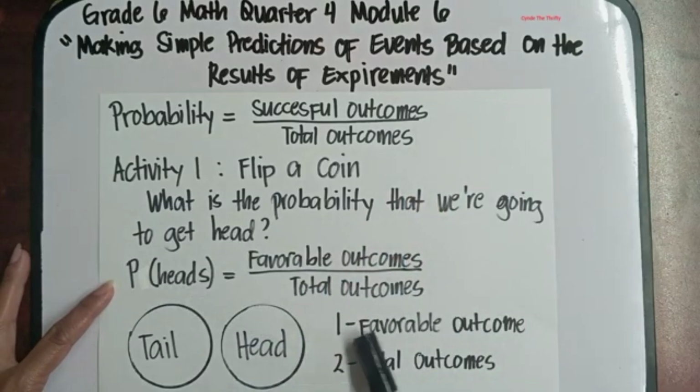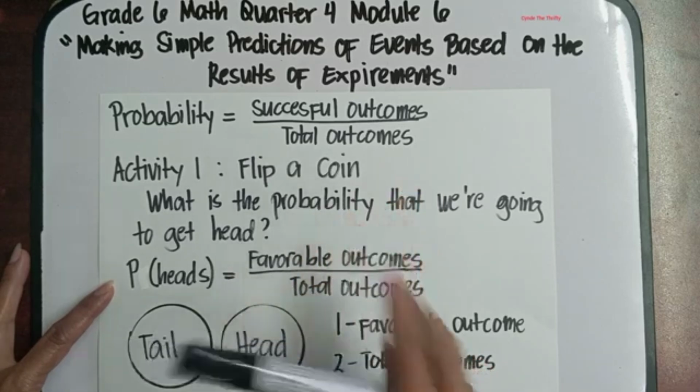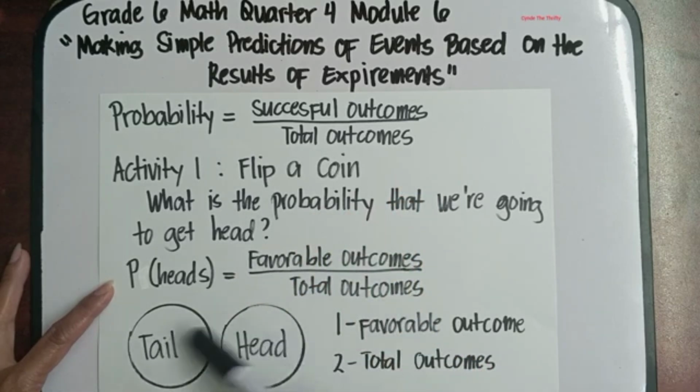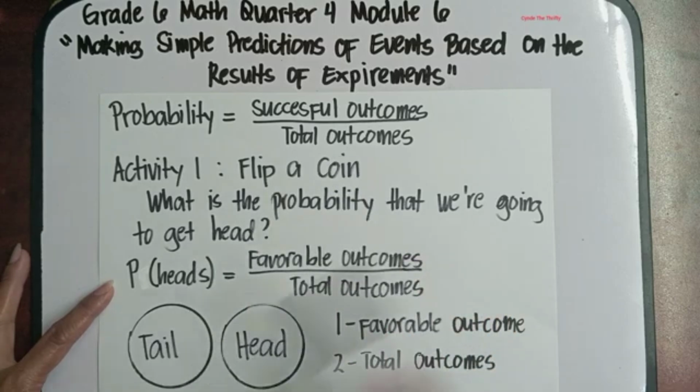Meron tayong isang favorable outcome. Bakit isa? Kasi head yung gusto natin. Ilan yung head sa coin kapag i-flip mo siya? Isa. So, ibig sabihin, isa lang yung favorable outcome. And then, 2 total outcomes. Bakit 2 ang total outcomes? Kasi dalawa yung total outcomes na pwede nating maging outcome. Dalawa. So, meron tayong isang favorable outcome at meron tayong 2 total outcomes.